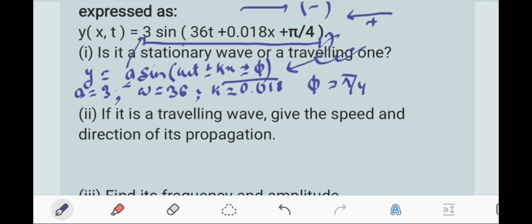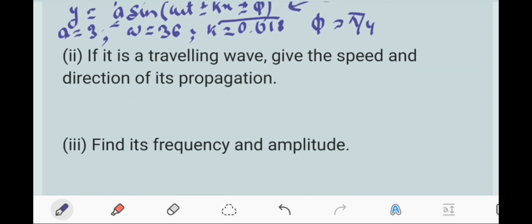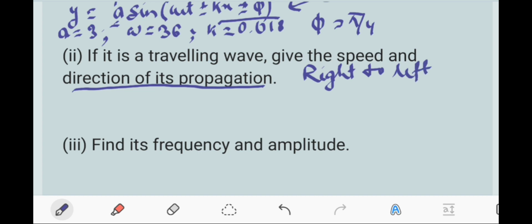Now if it is a traveling wave, give the speed and direction of its propagation. Direction is of course from right to left, because we have a positive sign over there. Now, give the speed.